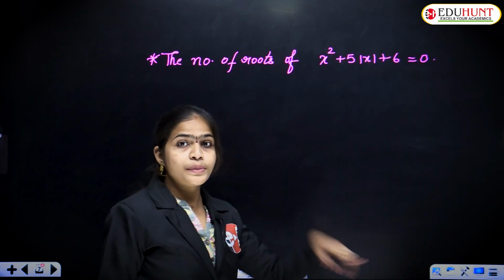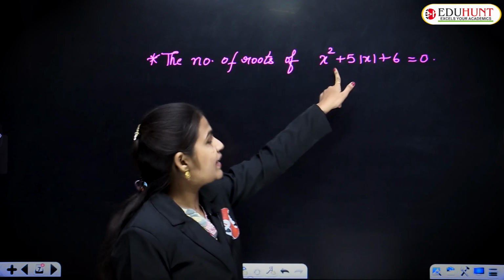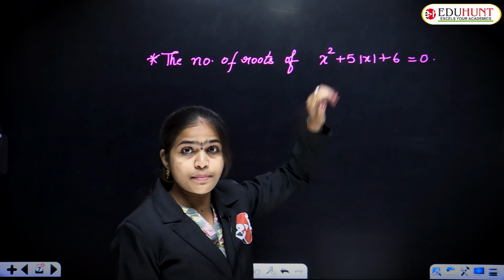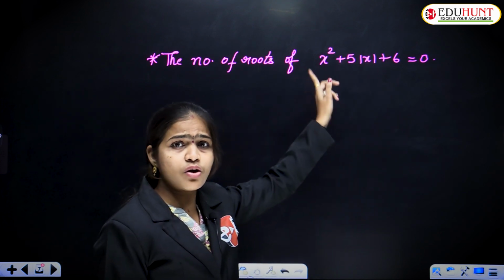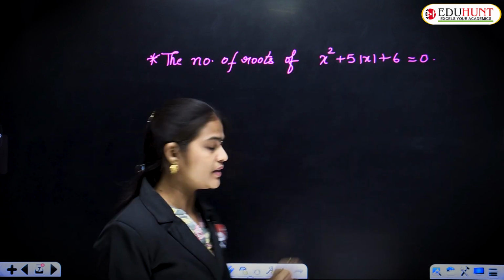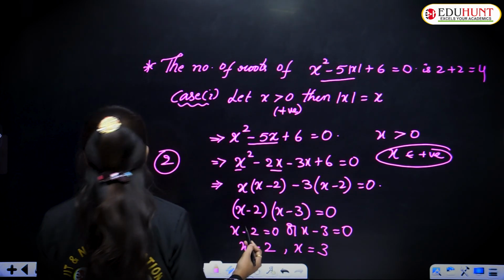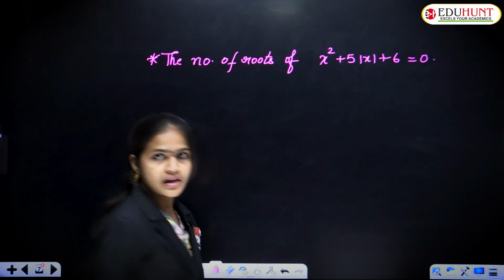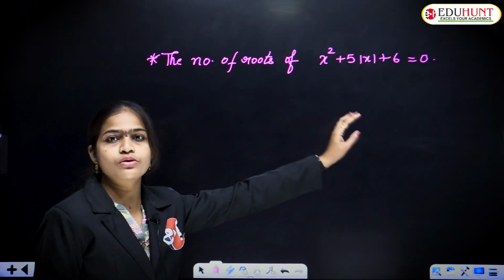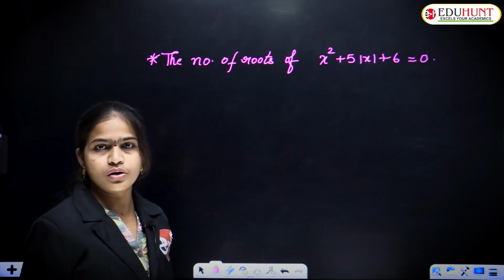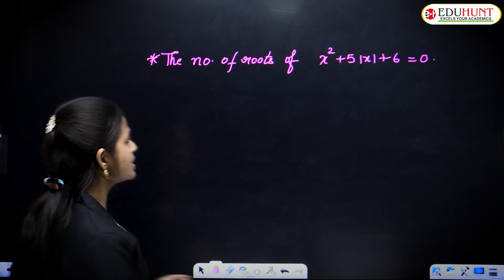Children, the previous condition was minus 5 modulus x, but here all the signs are positive. The previous one is negative, but here this is positive. So here all are positive, then how many roots will there be? So again check the two conditions.